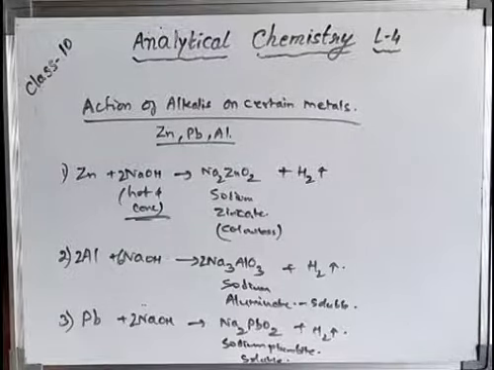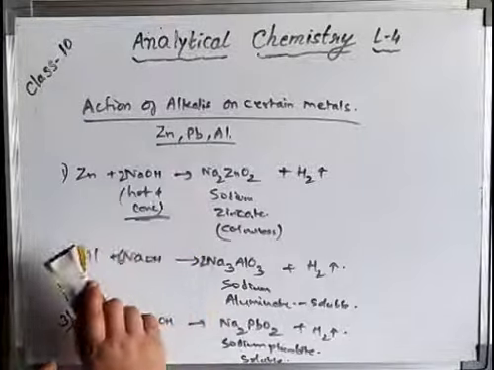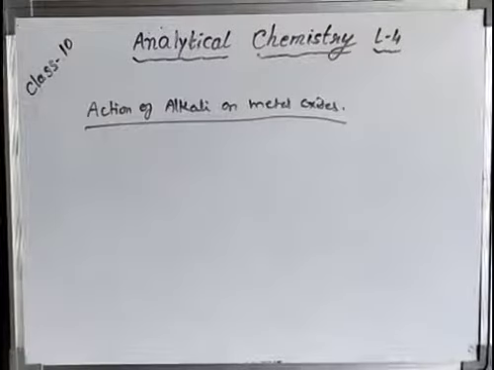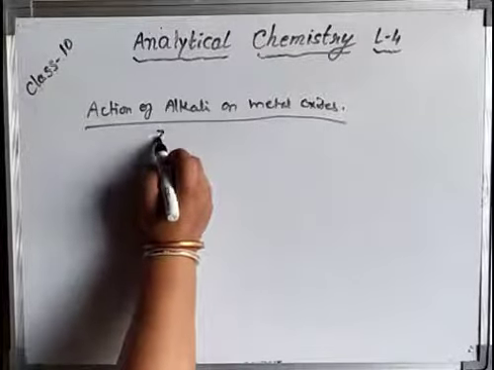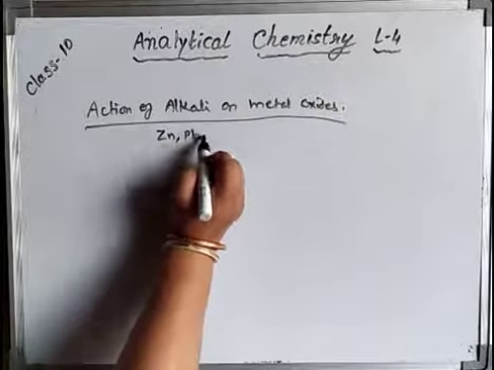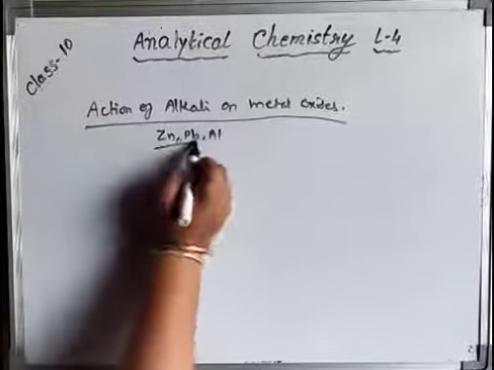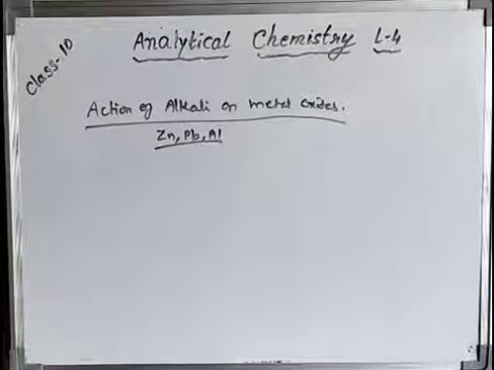Now coming to the amphoteric nature of these three metals. Students, we are going to see the action of alkali on metal oxides. Normally, metal oxides and hydroxides neutralize with acid to give salt and water. But these three metal oxides or hydroxides, zinc, lead and aluminium, react with acid to give salt and water, and they react with alkali also to give salt and water.